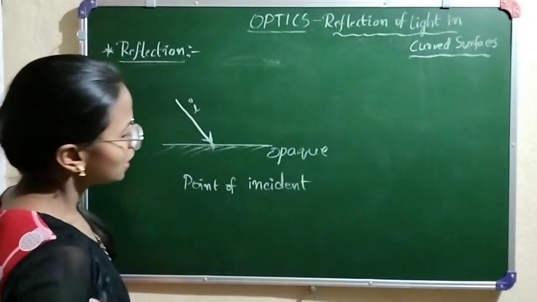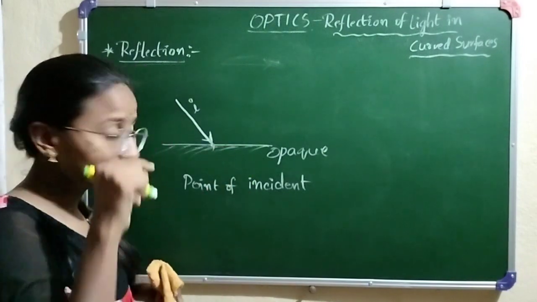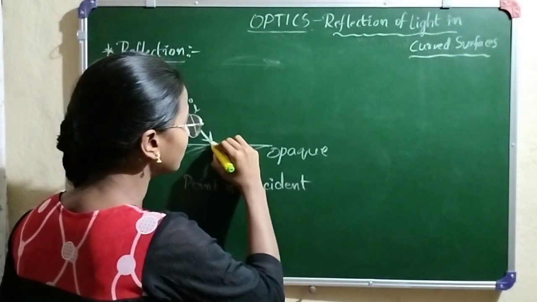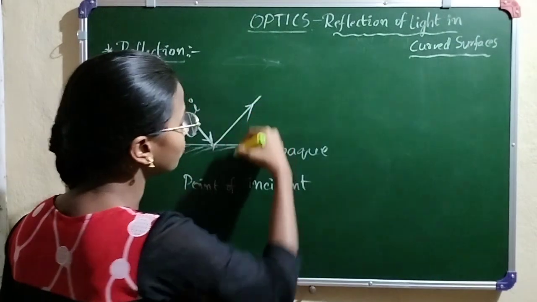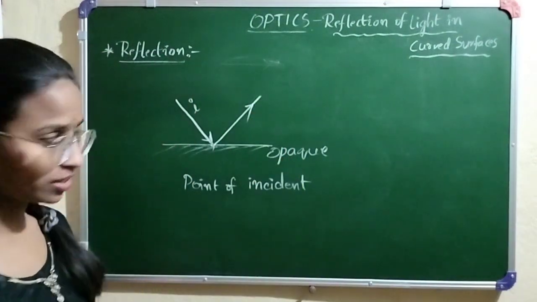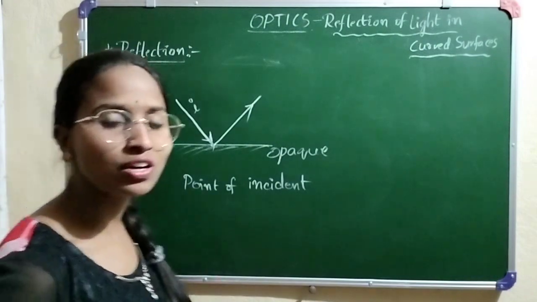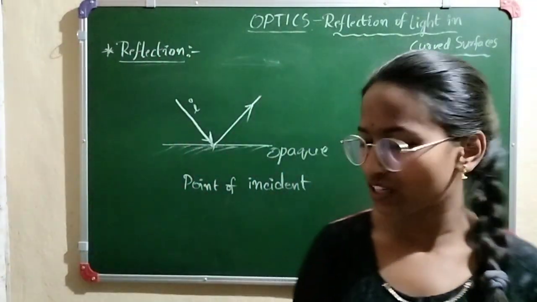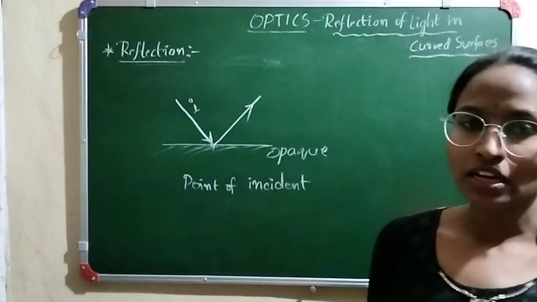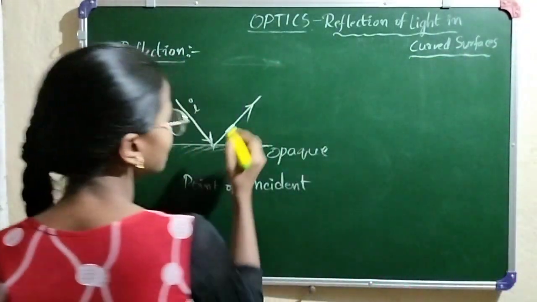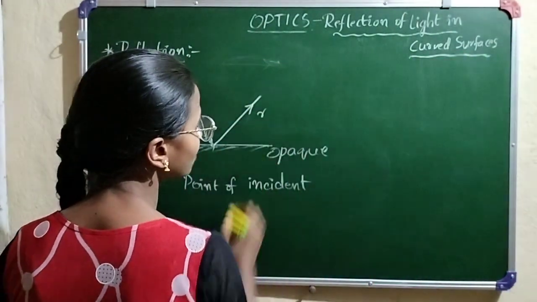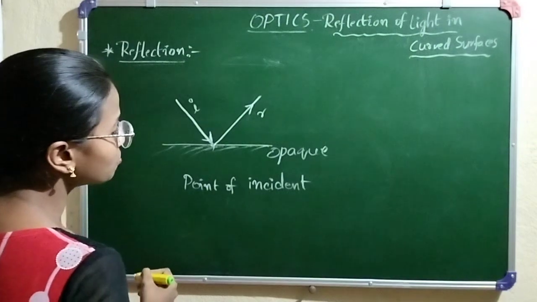When the light ray hits this point, it will reflect back because it is an opaque material. This bouncing back of light is called reflection of light. Here the light ray reflects like this. The reflected ray is denoted with a small r.